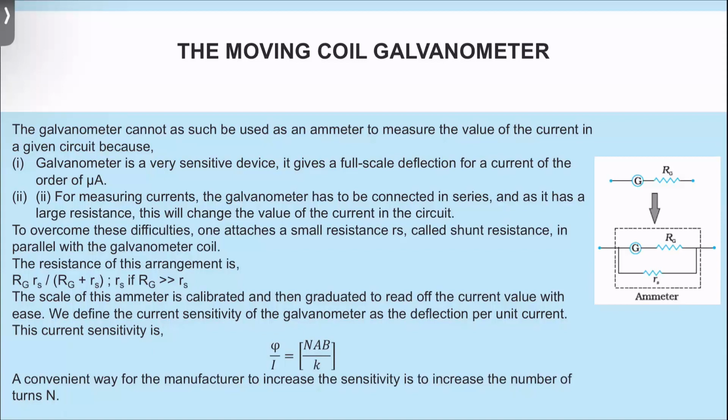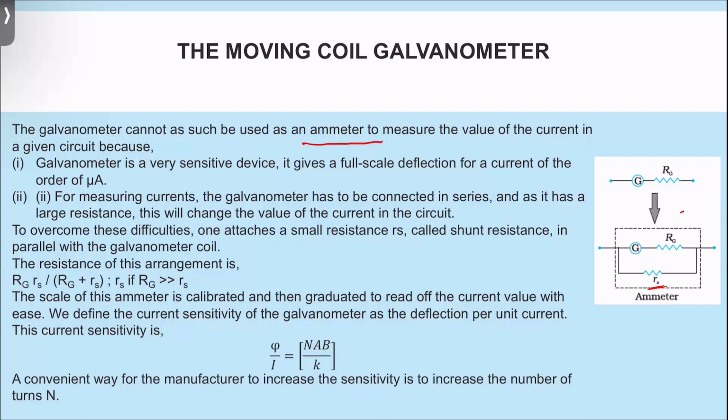You can have the galvanometer working as an ammeter when it is connected in parallel with a small resistance, called a shunt resistance. We need a shunt resistance since the galvanometer itself is a very sensitive instrument, and as the current changes, it will show full scale deflection.